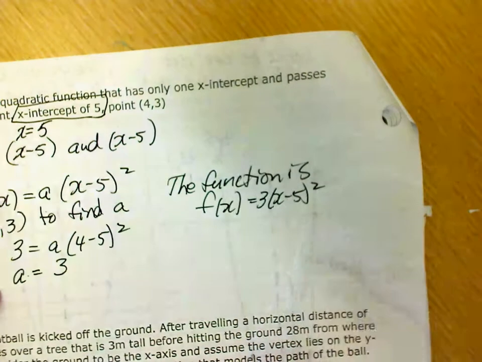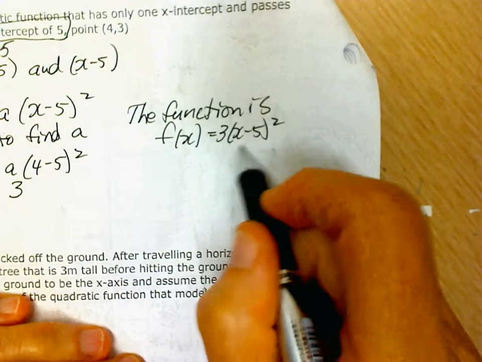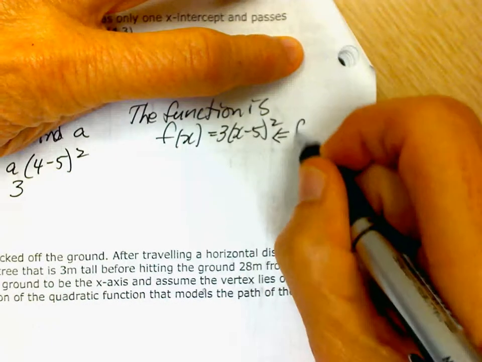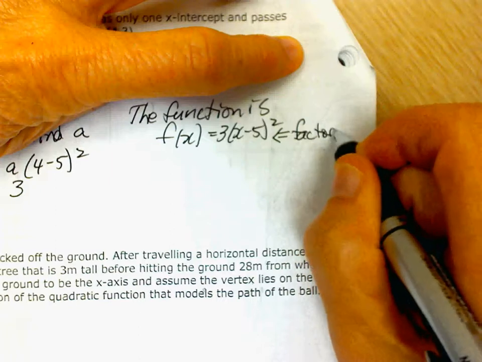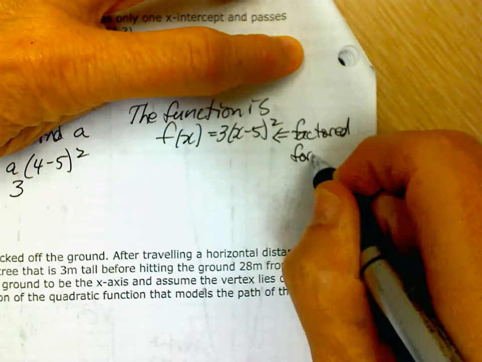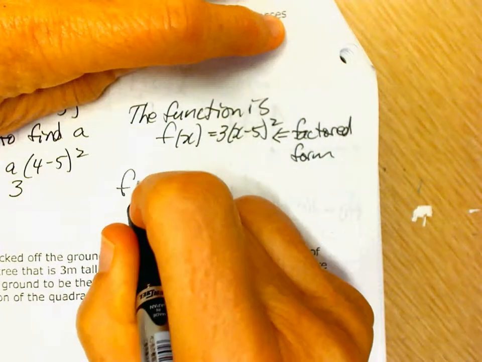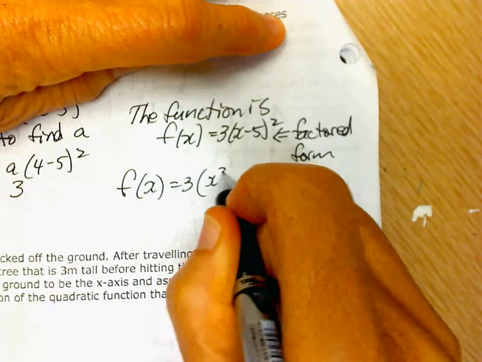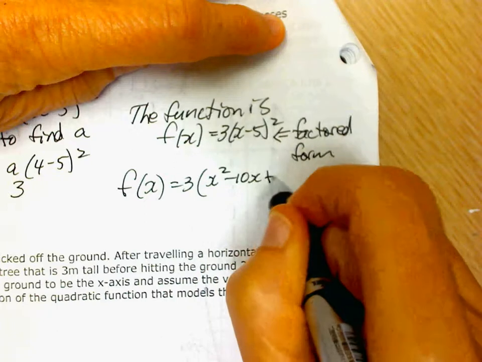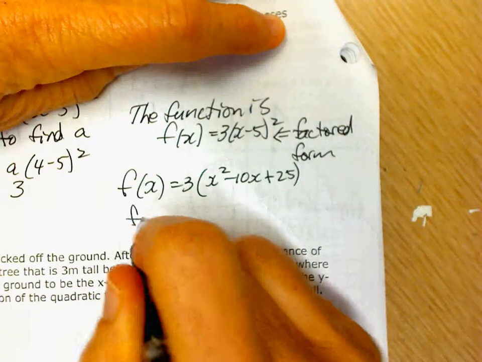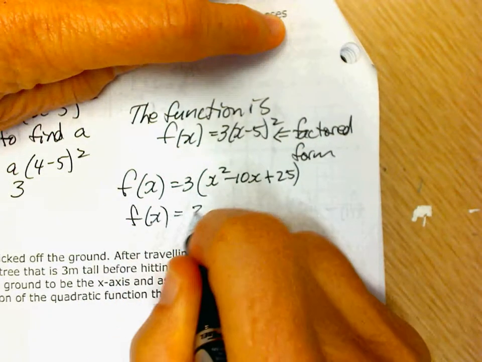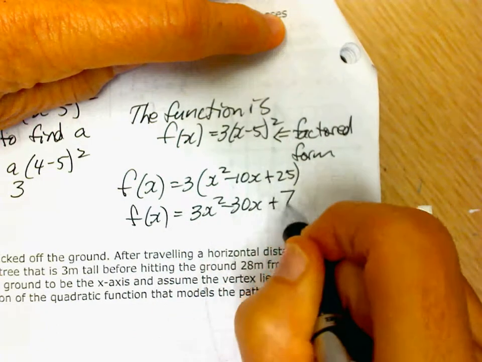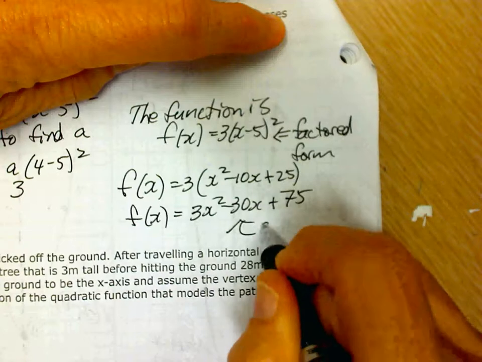Now your test question might say express that in standard form. This is factored form. Standard form, you have to multiply it out. So standard form would look like this. This is standard form.